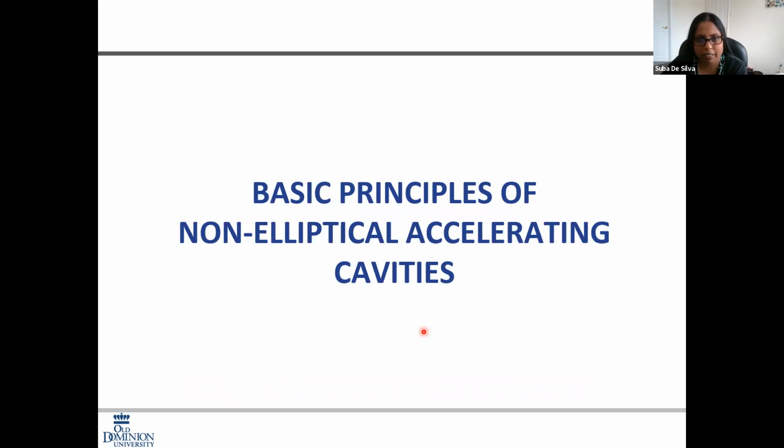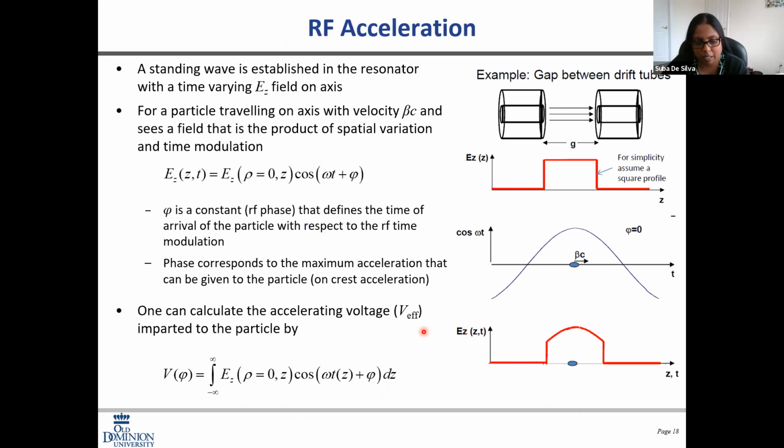So let's quickly look at the basic principles of these cavities, specifically in using these cavities for particle acceleration. As you have so far noticed, you need a particular gap in acceleration. So you have an electric field between these two gaps. It's a standing wave, and that's what creates or transfers the energy to the beam.